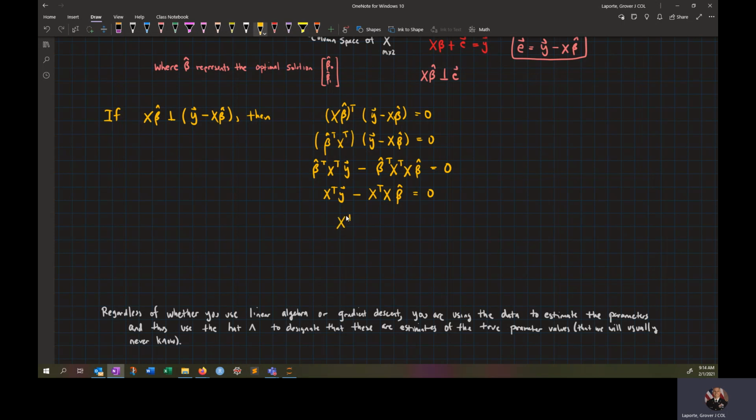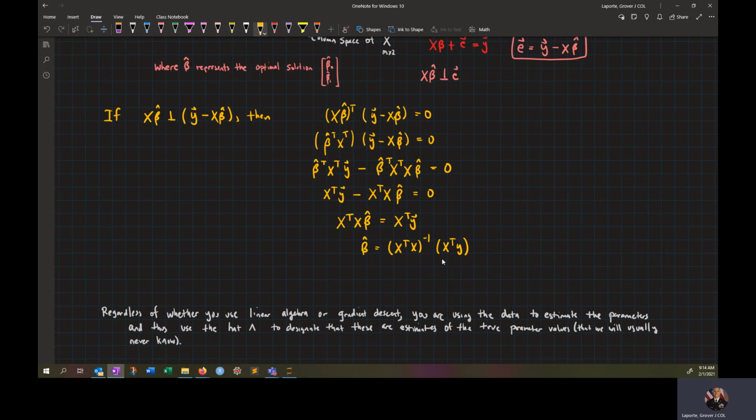So I'm going to have x transpose x beta hat is equal to, bring that over, x transpose y, and then we're simply left with beta hat is equal to x transpose x inverse, and then x transpose y.